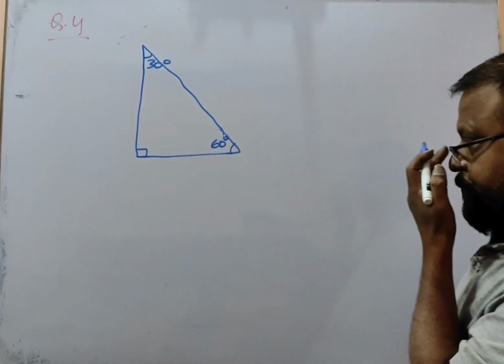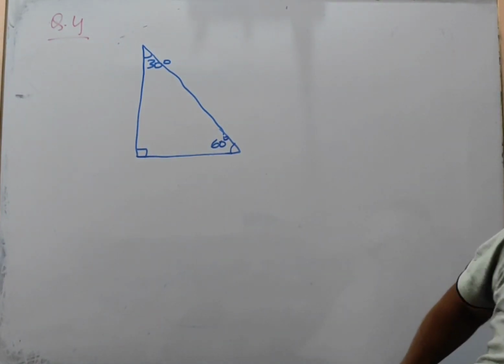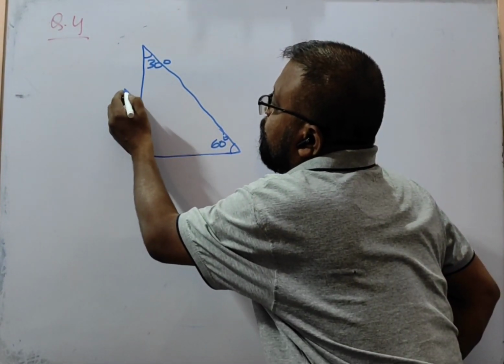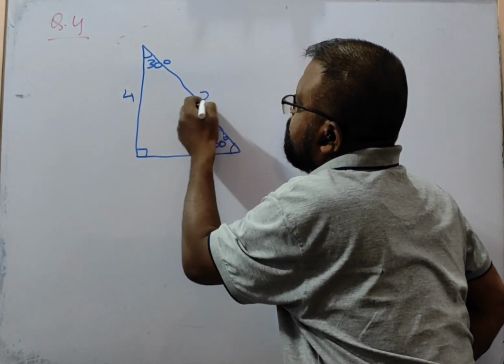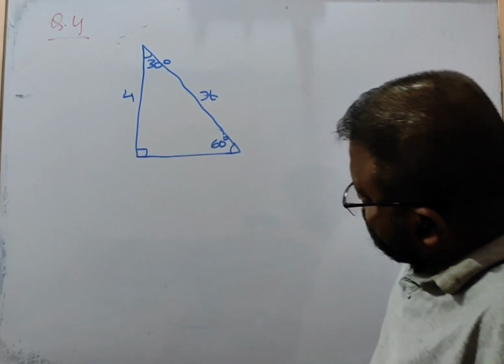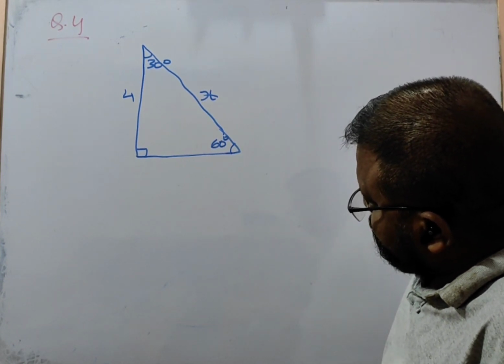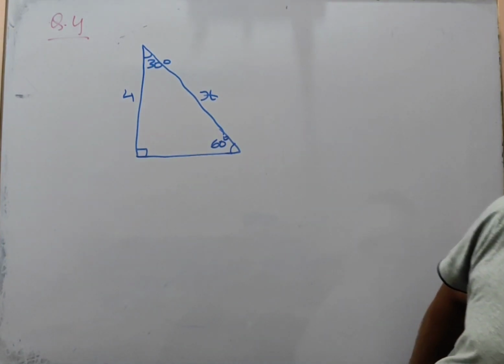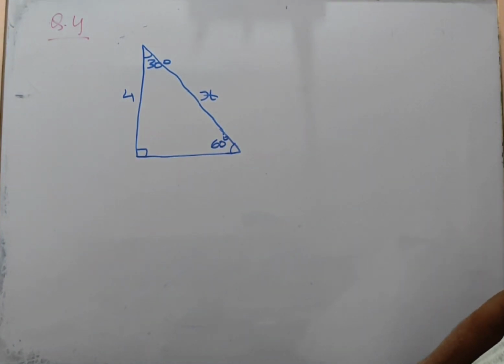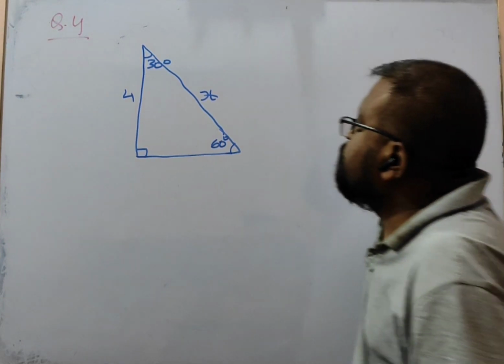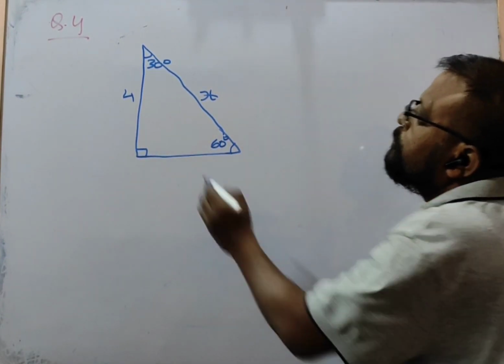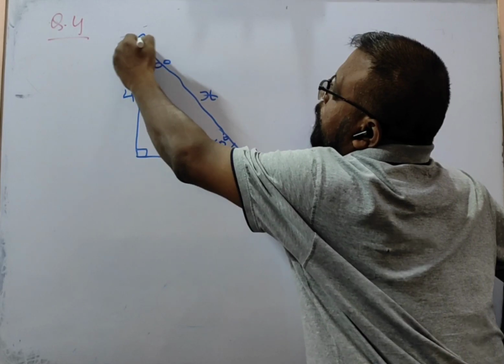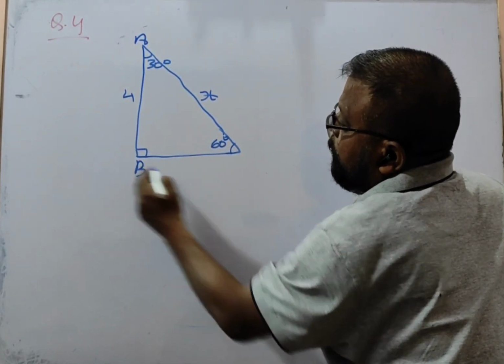This is given to you, this is 4, this is x, right? A, B, and C.